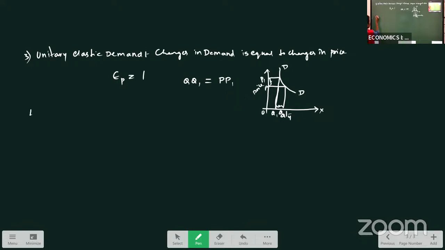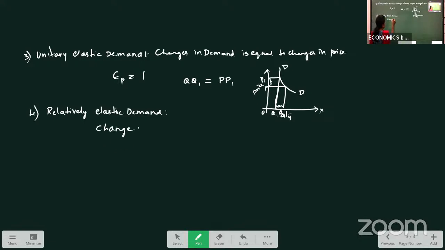Now, the next type of elasticity is relatively elastic demand. Relatively elastic demand is what here? Change in demand will be elastic, meaning demand changes will be more.